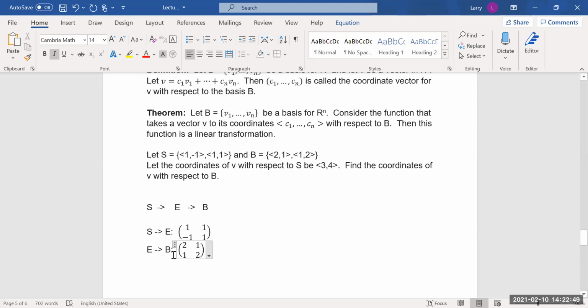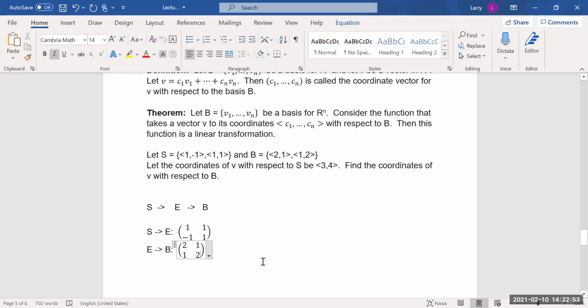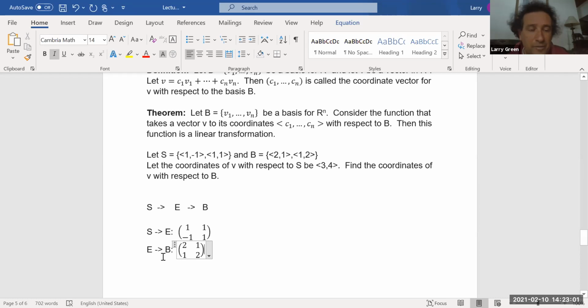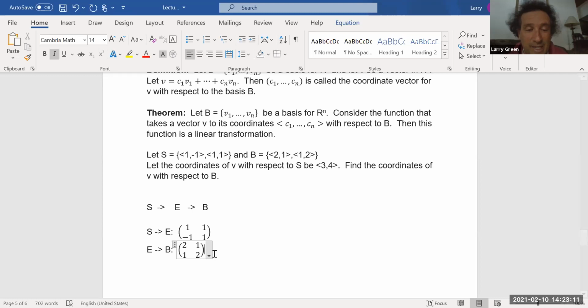That's my thought process. Like you said, we would want to write it as E to B is that new matrix, but we still have an original E. Don't we have to multiply? No, this is just going from E to B. Why is this not going from E to B? This is not the matrix that takes E to B.